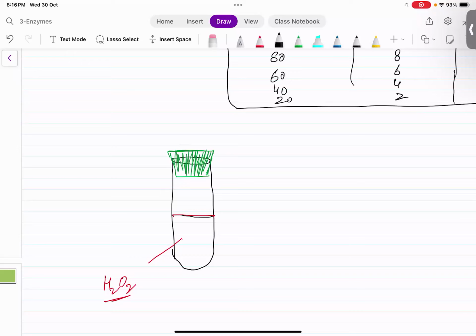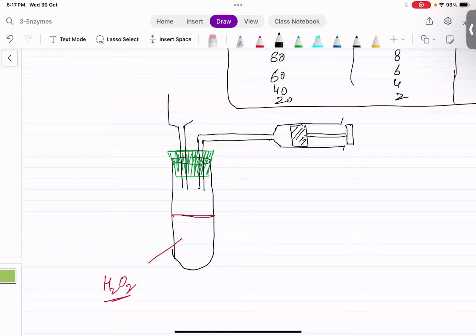And through one bent tube, a gas syringe is attached with it. This is the gas syringe. And through another tube, we can have a syringe with a capillary tube or nozzle attached with it.